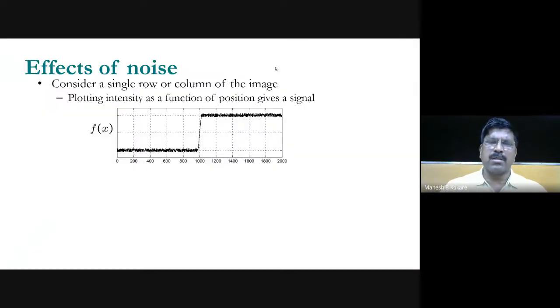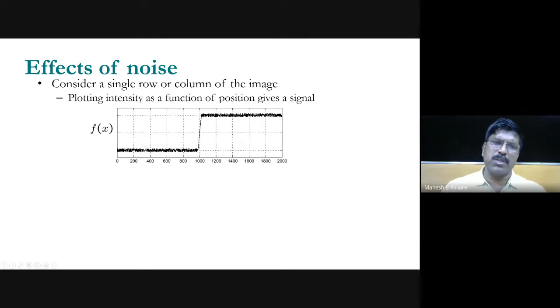See what happens. Suppose, for example, we consider a single row or column of the image, and if you plot the intensity as a function of position, this gives the signal. For example, you have a single row like this, where the intensity is low up to this point, and then above it is high.